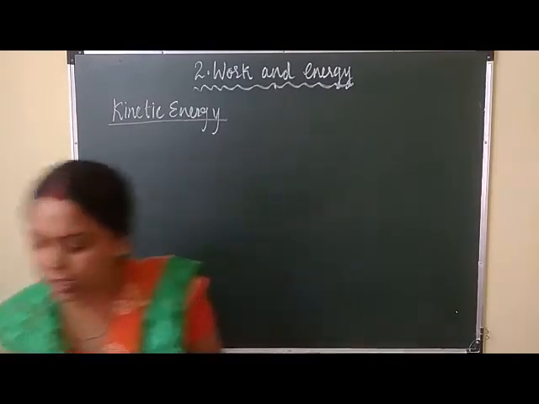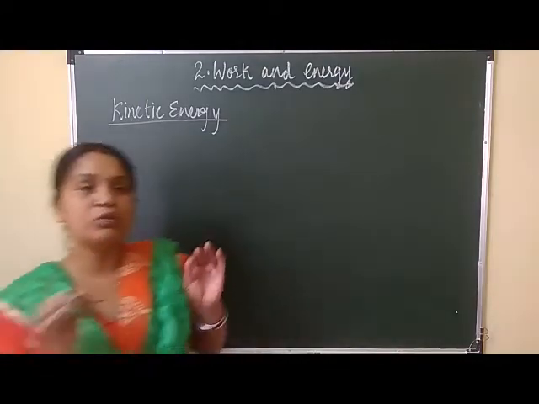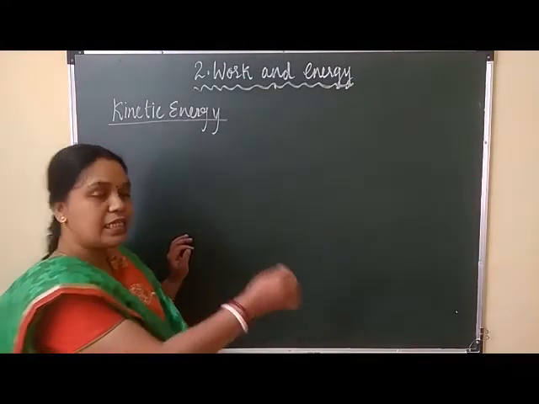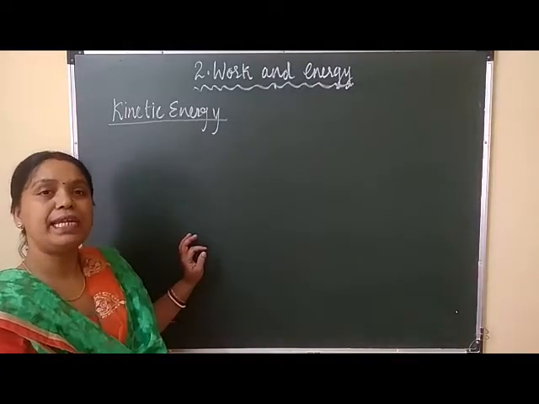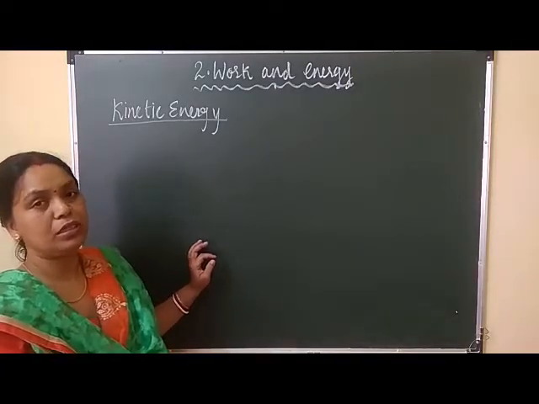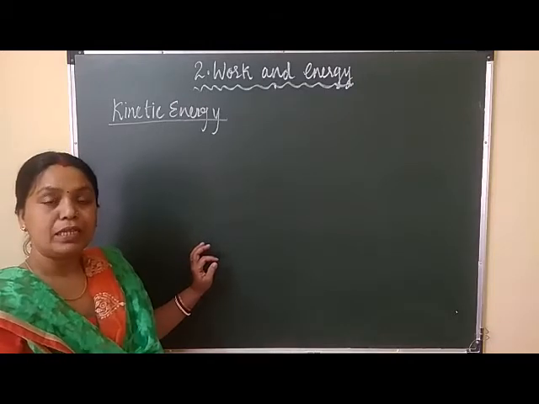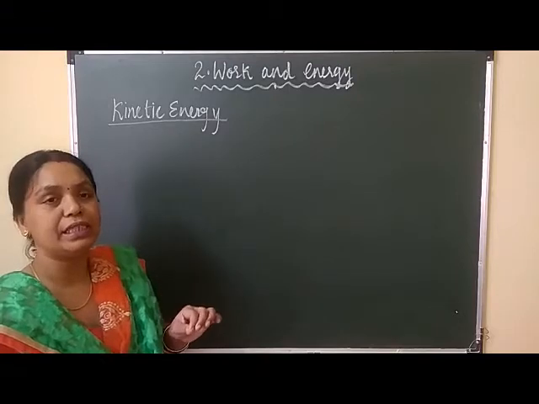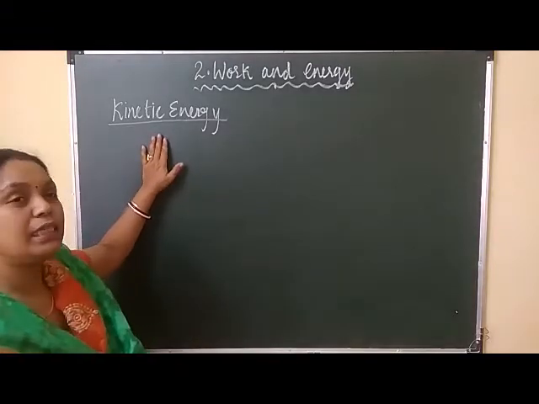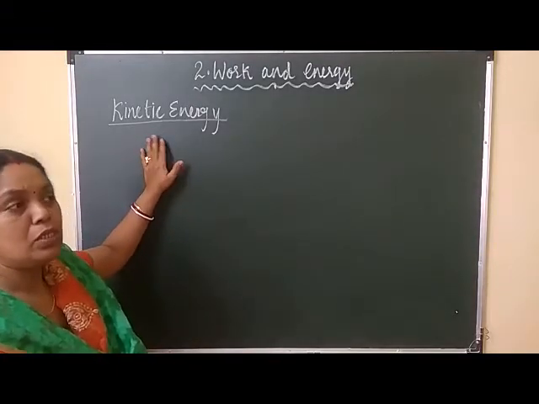So here we understand that when a moving body hits a stationary object, it gives speed and direction to the stationary object. This moving body has a form of energy, and that energy is known as kinetic energy.